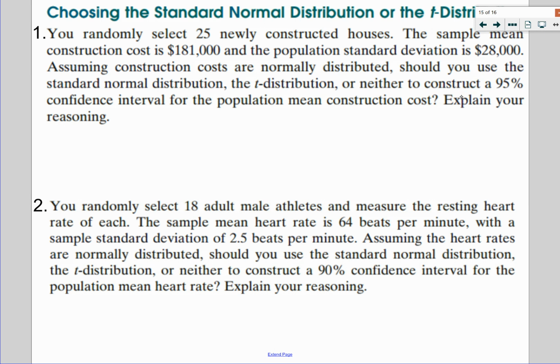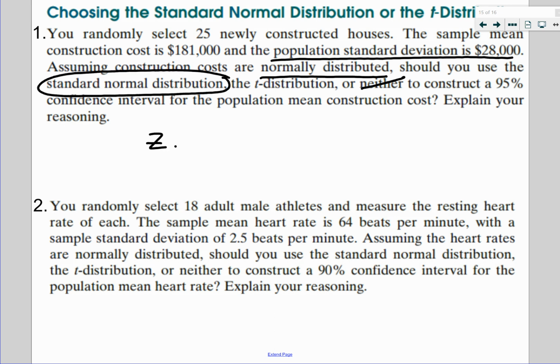Is the population normally distributed, or do I have a sample size bigger than 30? It's normally distributed, so yes, I can use one or the other. So we've eliminated neither. Do I know the population standard deviation? Yes. Because I know the population standard deviation, we are using the standard normal distribution, or your Z chart. So you would find the critical value of Z to find your margin of error and go from there.